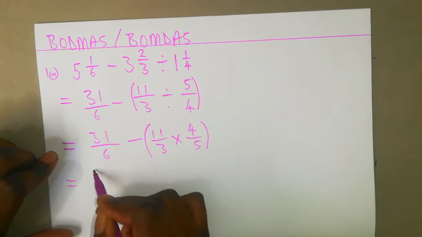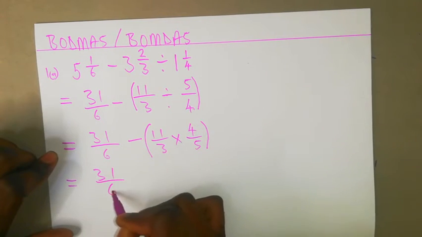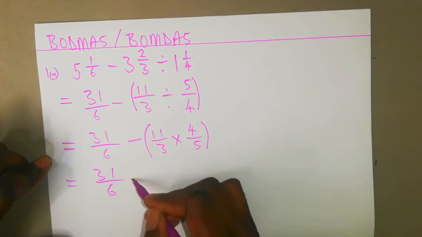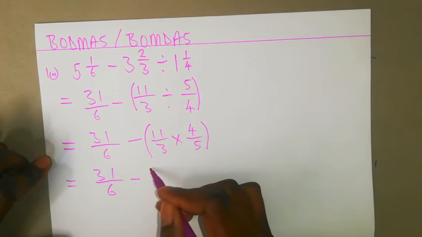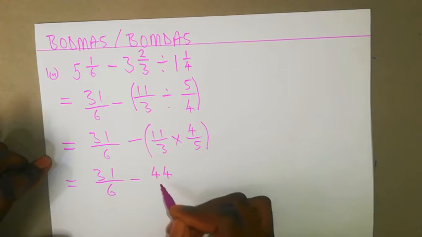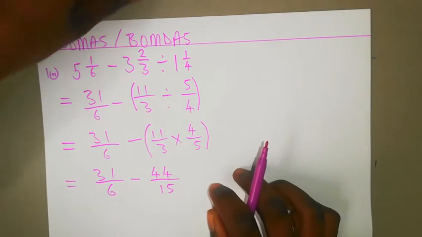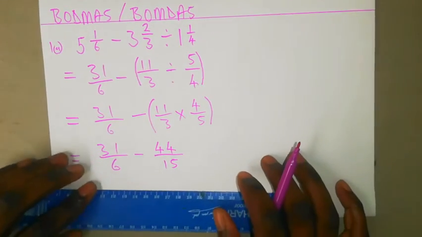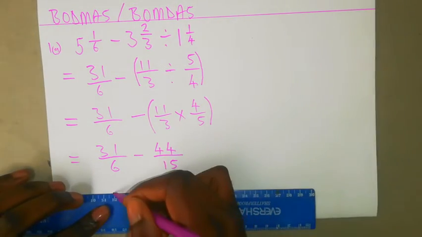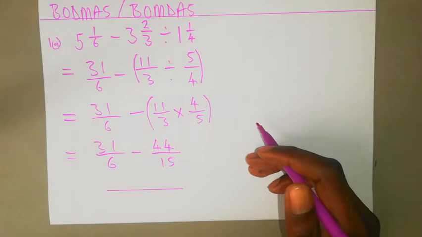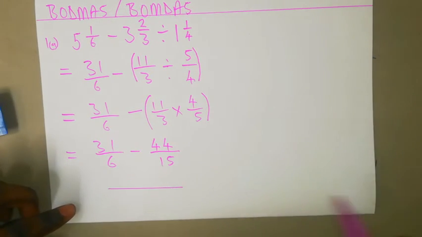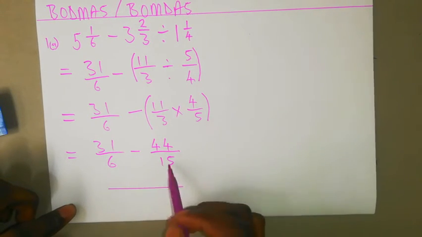So it's equal to 31 over 6 minus, this is my 44 over 15. Then the procedure is now that common procedure of subtracting fractions, common denominator here. So my common denominator in this case, I won't say 6 times 15.